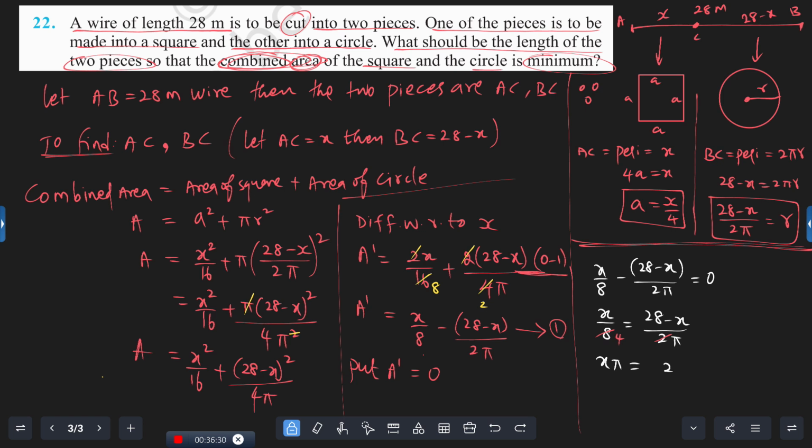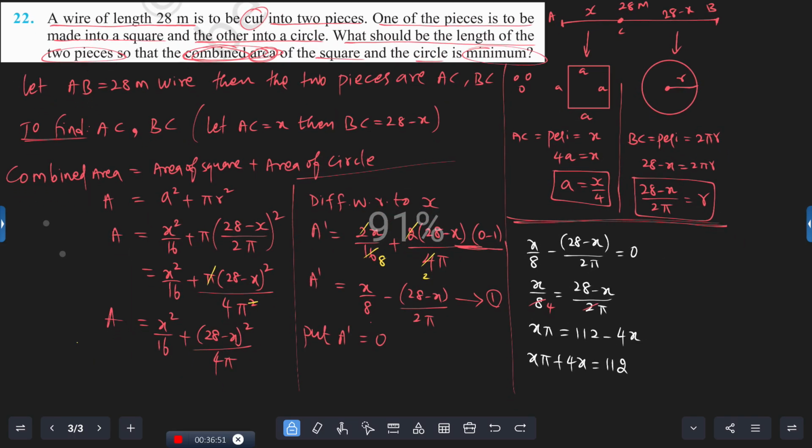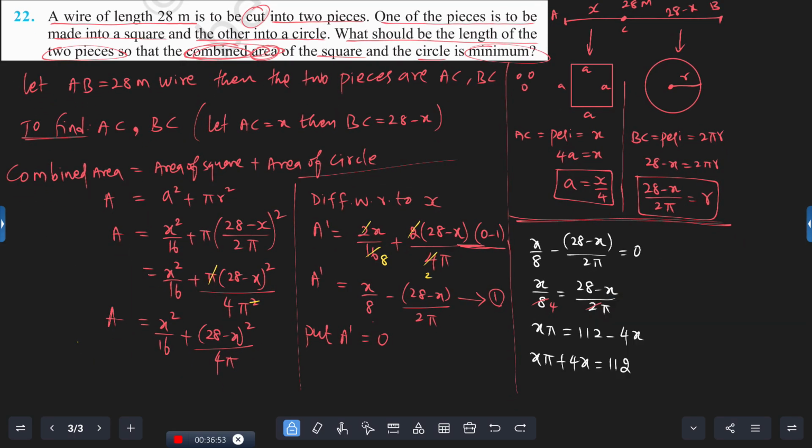4 2s are 8, 8 plus 3 is 11, minus 4 into x, 4x. Minus 4x you bring to the left hand side. Then what I am getting is x pi minus 4x; when you bring it to the opposite side, plus 4x equal to 112. If you take x outside commonly, I will be getting x into pi plus 4, which is equal to 112.